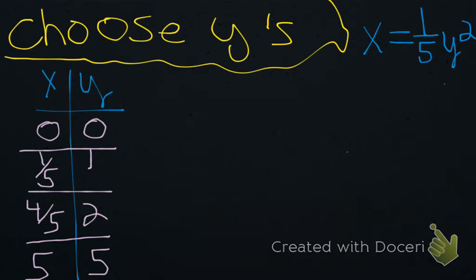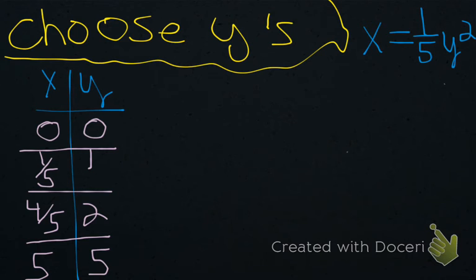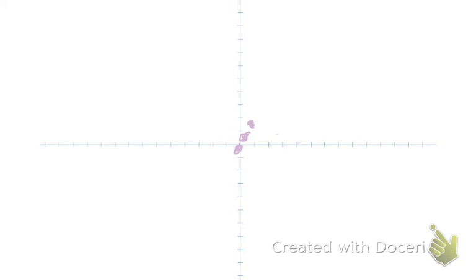Then we have 4/5, 2. Across 4/5, 2. And then we have 5, 5, which is a lot easier. I don't know if that's exactly a 5, but it's close enough.